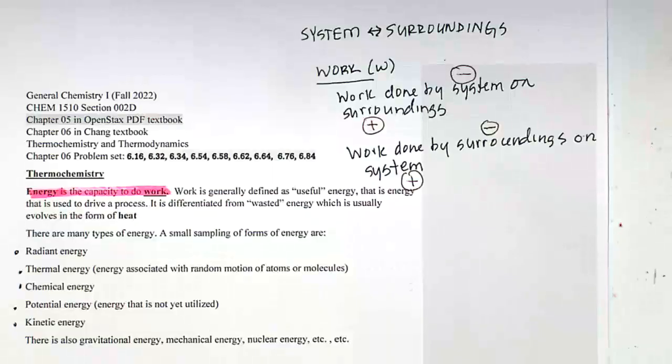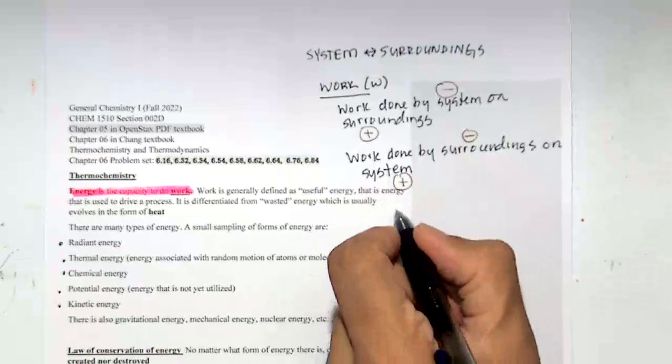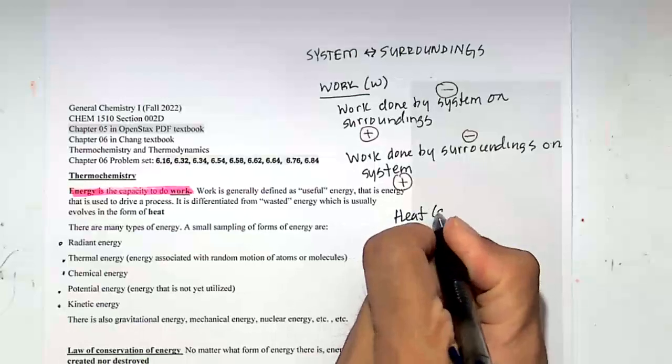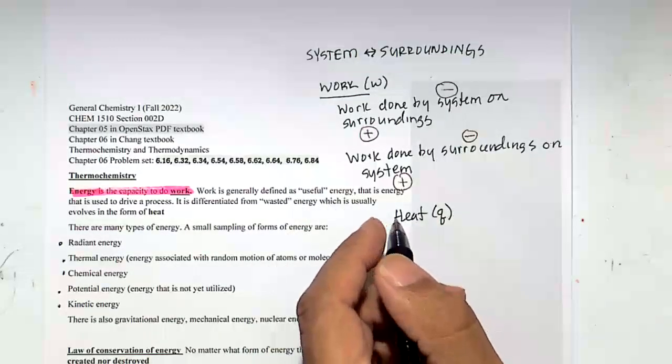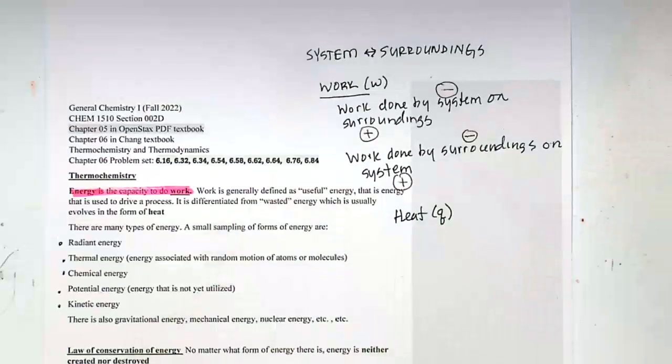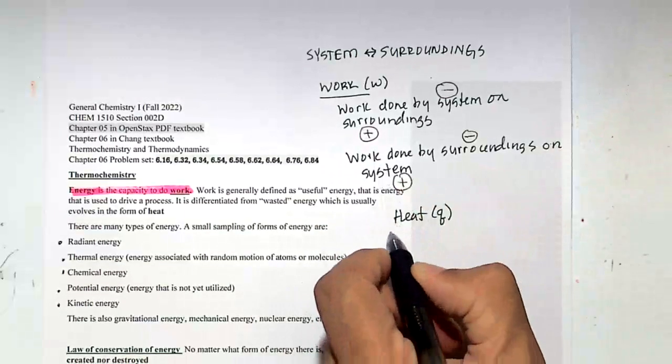So there's work energy, and then there's heat. Heat is Q. Heat is something that dissipates. Heat just goes away, or you add it to the system.